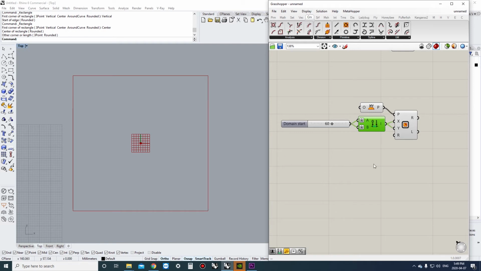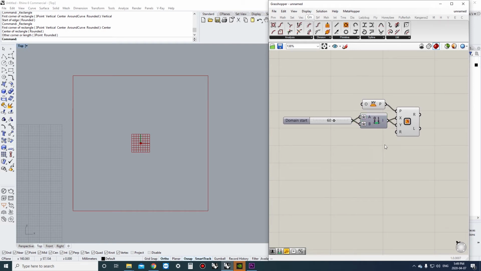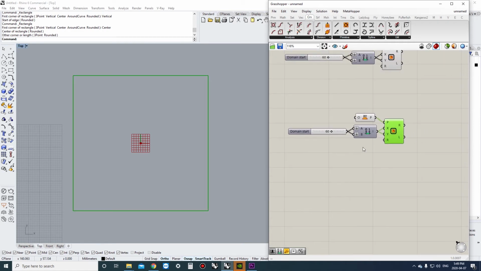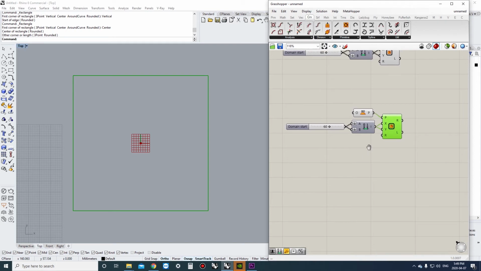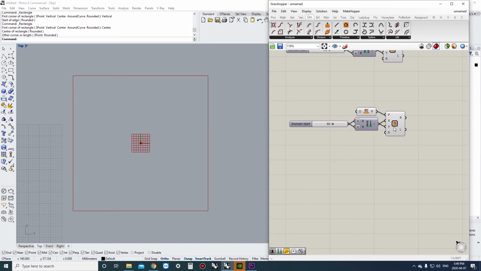Does that make sense? That would be the simplest way to make a square from a center point, probably for most circumstances, and I'll bring up another one in a second. If we wanted to make a rectangle, it's very simple.